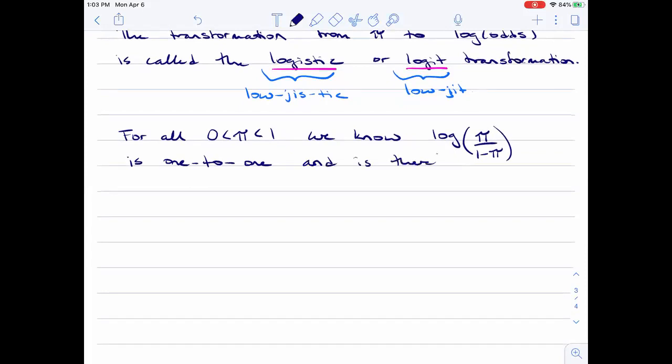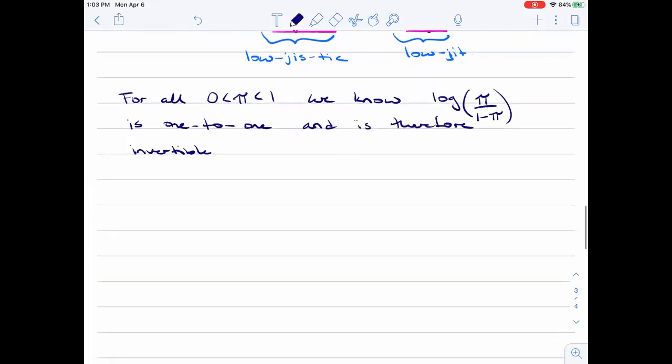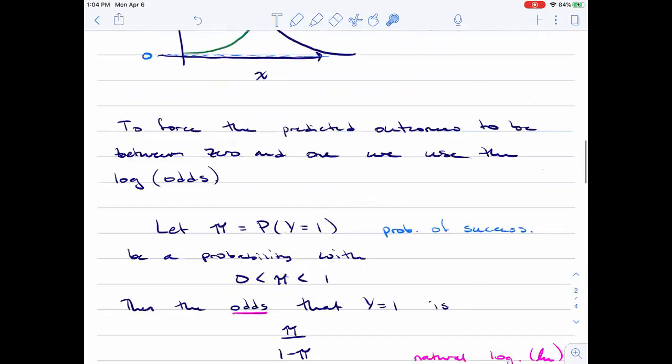and is therefore invertible. This means we can reverse the function and actually get to a real value. What's fun about this is that we started at pi, and pi is between 0 and 1, but the log odds actually go from -infinity to infinity, which means that now we don't have that restriction that we talked about earlier.